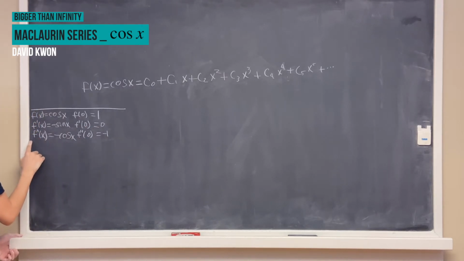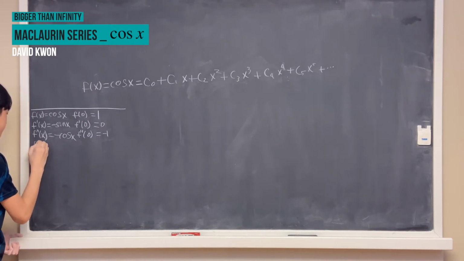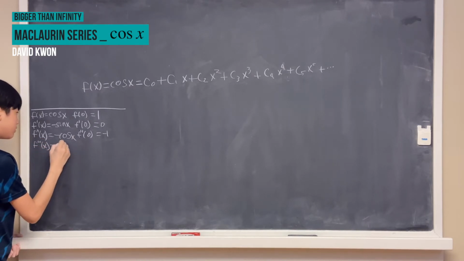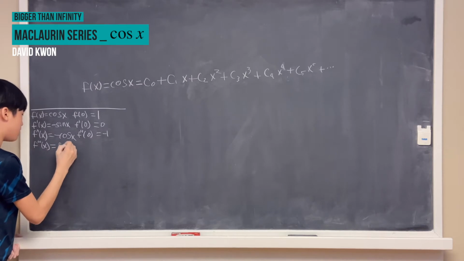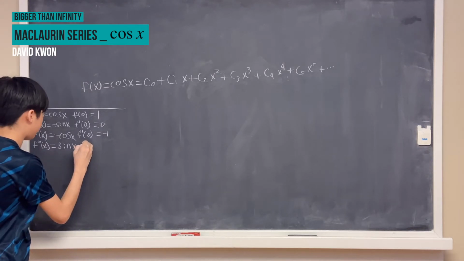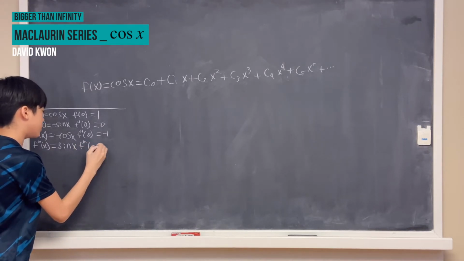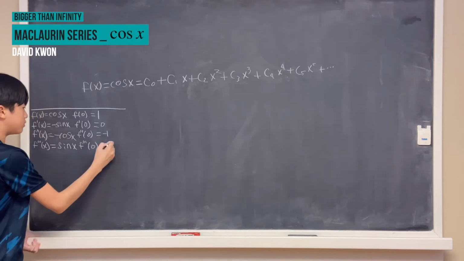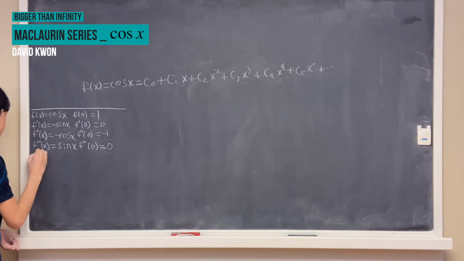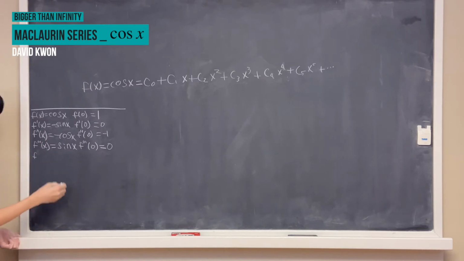Then differentiating negative cosine x, we have f triple prime x, which is equal to sine x. Taking 0 for x, f triple prime 0 is equal to 0. Taking the derivative of sine x, we have f prime prime. Actually, no, we won't be using primes anymore because it's just too long.